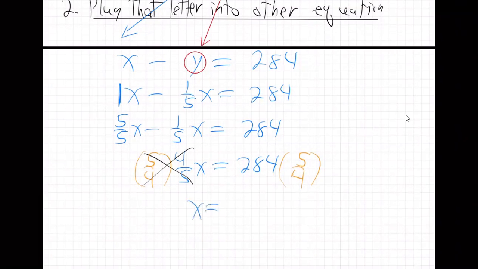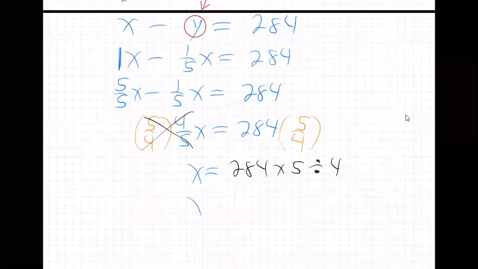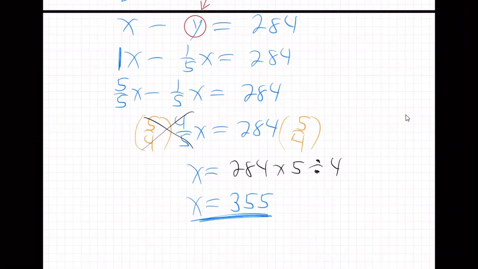Use your calculator. This will be 284 times 5 divided by 4. You multiply by the number on the top and divide by the one on the bottom. Let's see what we get here. 284 times 5 divided by 4. I'm getting 355. X is 355.